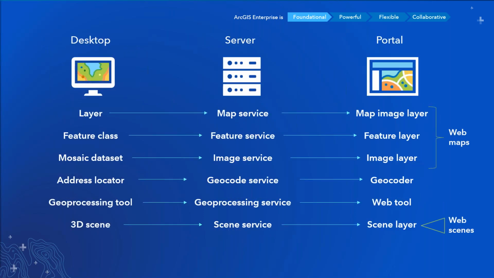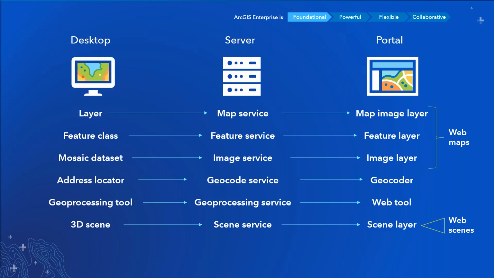So one of the things to take a look at is that your data starts in ArcGIS Desktop as layers, feature classes, imagery, locators, tools, 3D scenes, and more. In the process of sharing your data, they're published to your server as services. The portal takes these services and enhances them as different items that can be accessed, right?